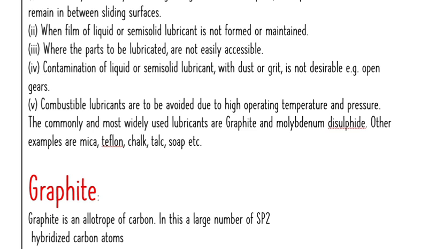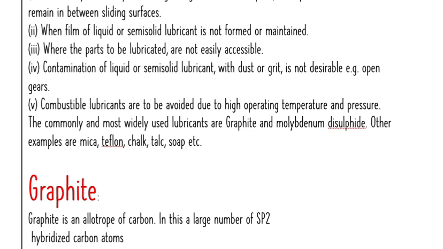Second, when a film of liquid or semi-solid lubricant is not formed or maintained. Third, where the parts to be lubricated are not easily accessible. The commonly and widely used solid lubricants are graphite, molybdenum disulfide, and others.